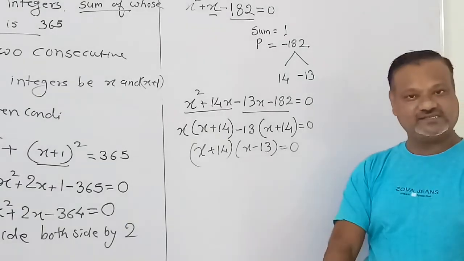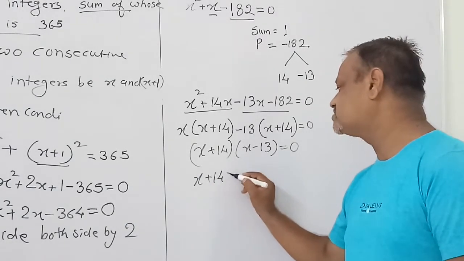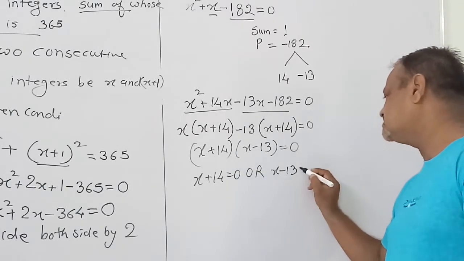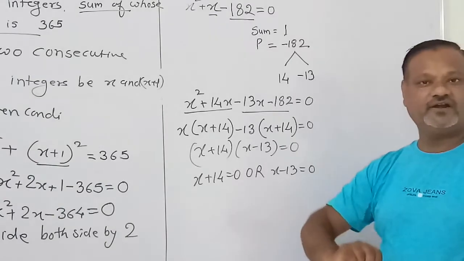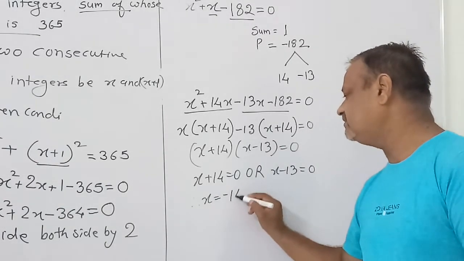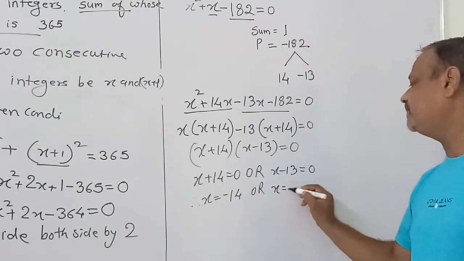These are the two factors. Therefore either x plus 14 equals 0 or x minus 13 equals 0. Therefore x equals minus 14 or x equals plus 13.